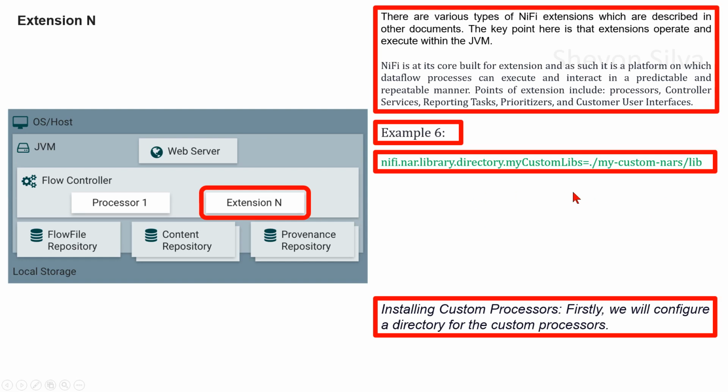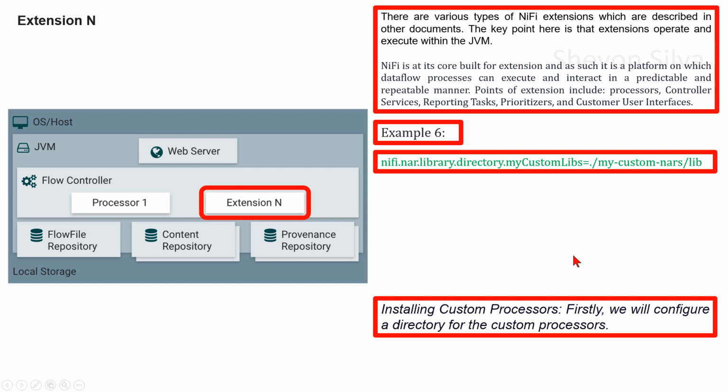Now we must place our custom processor NAR in the configured directory. The configured directory is relative to the NiFi home directory. For example, let us say our NiFi home directory is /var/lib/nifi.